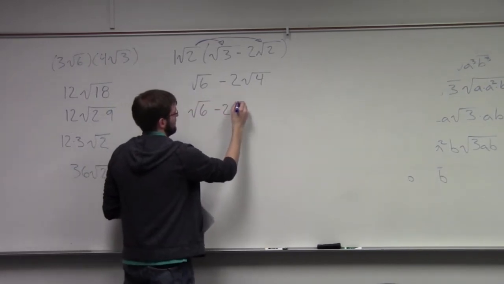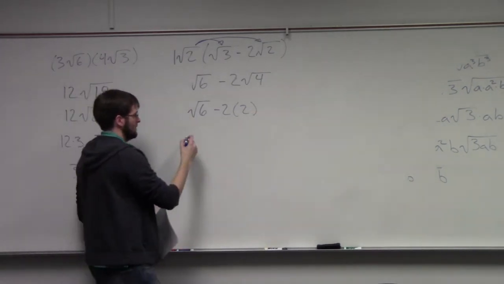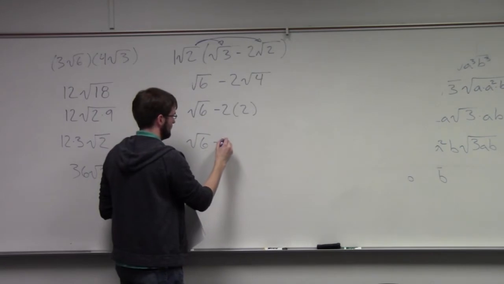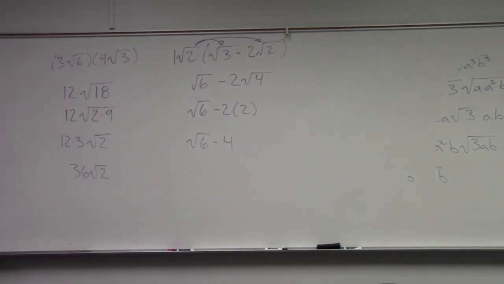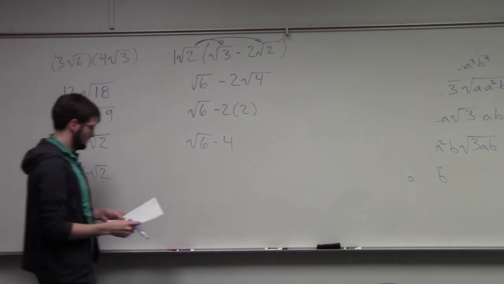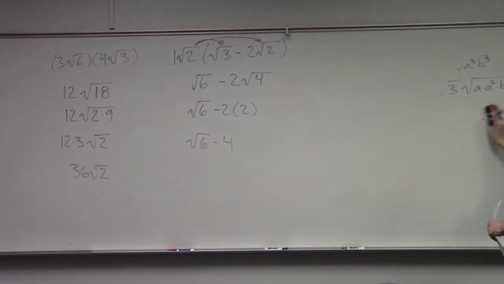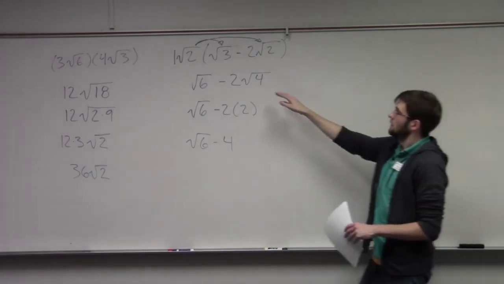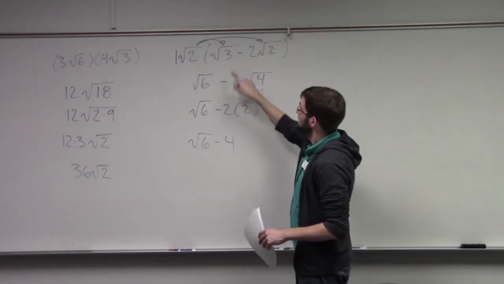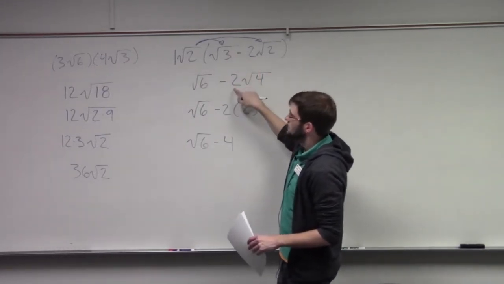So I have negative 2 times 2, and 2 times 2 is 4. So it's square root of 6 minus 4, because that negative is minus. This is negative because of this negative right here. We did positive times a negative, which gives us that negative.